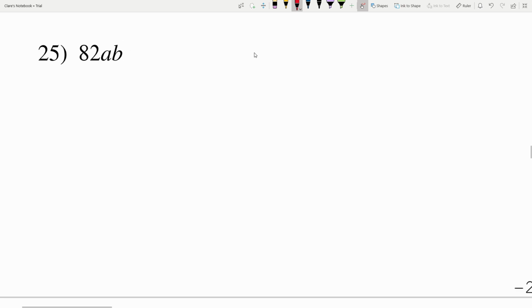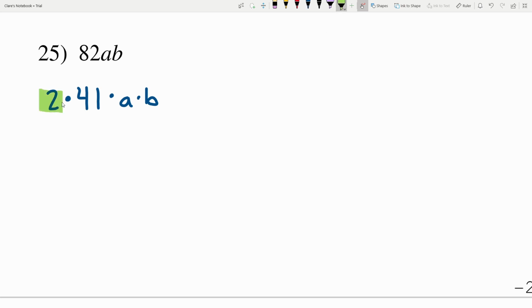In number 25, I have 82ab. Let's think about 82. 82 is divisible by 2, so I'll have 2 times, what goes into 82 2 times? That would be 41. And I'll multiply that by a and multiply that by b.